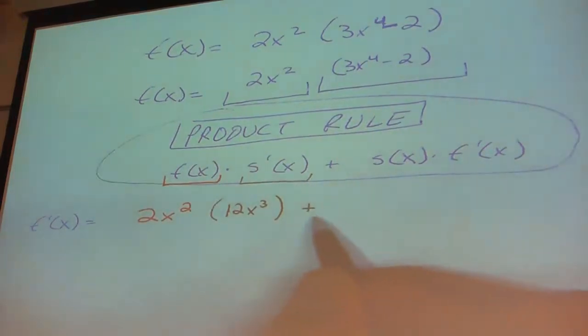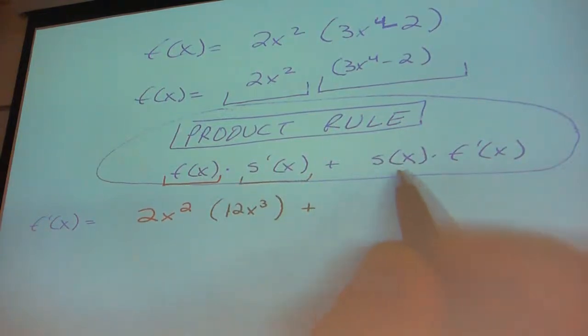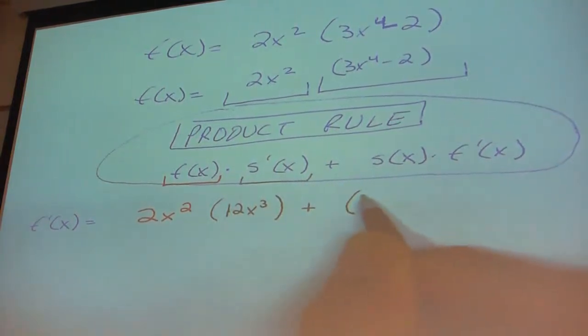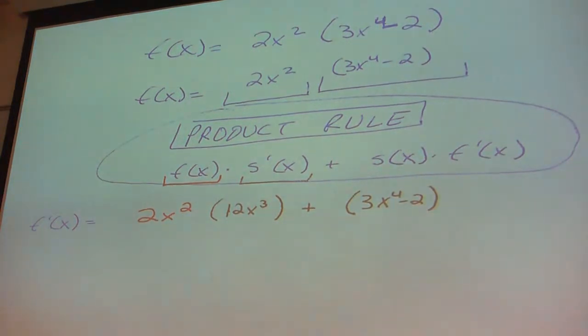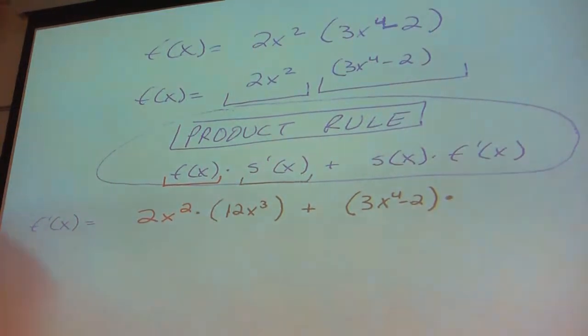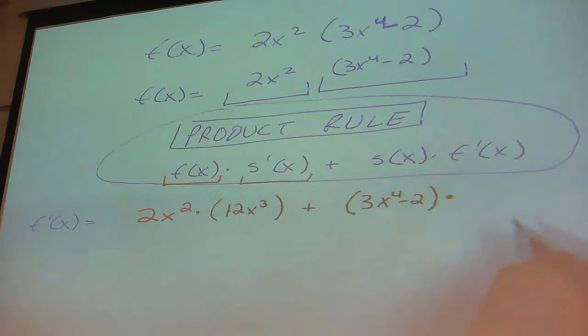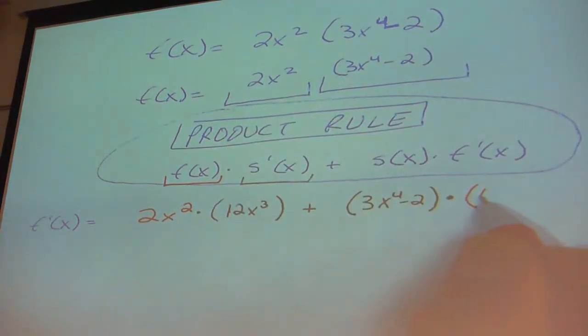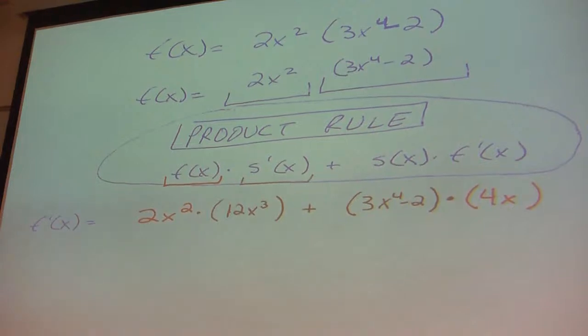Now, plus, what does s of x mean? The original second one times, what does f prime of x mean? Derivative of the first one, which is 4x. Stop there, take a little notes, do what you need to do, but that's it. When you have two things being multiplied, that's what we follow.